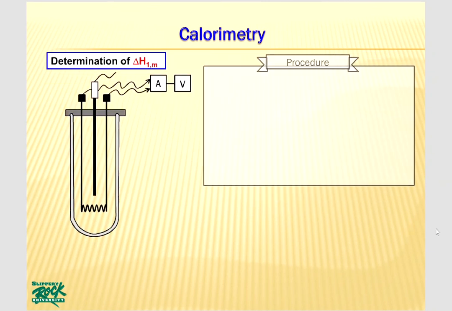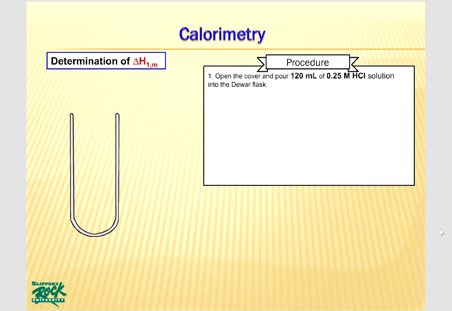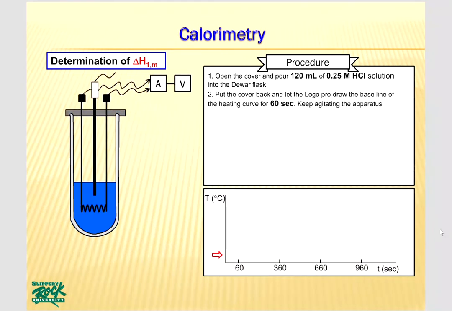Now, let me show you how to determine the molar delta H1 experimentally. Open the cover and add 120 milliliters of 0.25 molar HCl solution into the dual flask. Put the cover back and let the Logo Pro draw the baseline of the heating curve for 60 seconds.